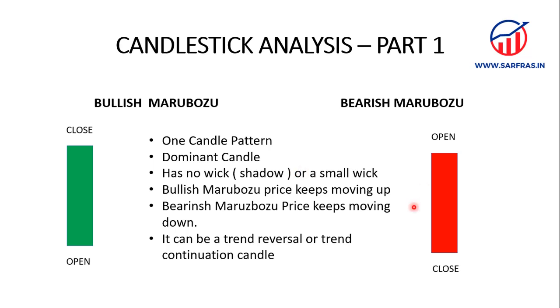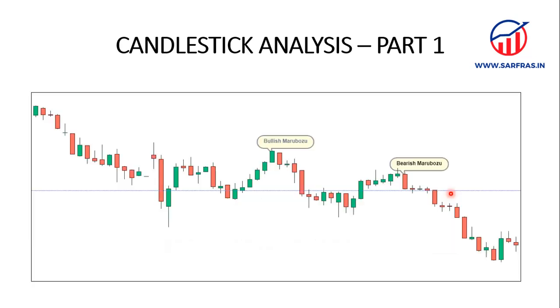So there is a good possibility that from that point of time, the prices are going to move down. That would be a trend reversal. That means the direction of the price changes. If it's going up, it's going to move down. If it's going down, it's going to move up. That is a trend reversal.